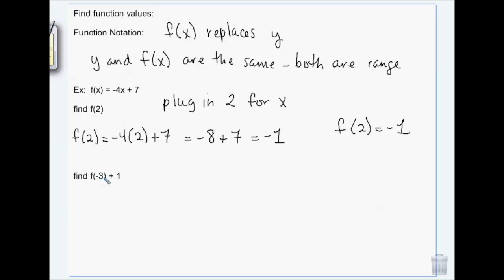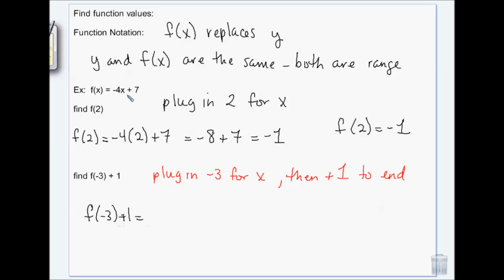Now here I have f of negative 3 plus 1. So what I have to do is plug in negative 3 for x. And then I also add 1 to the end of the function. So f of negative 3 is, hold on.